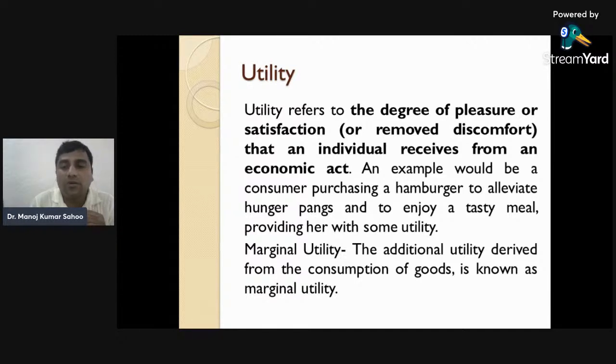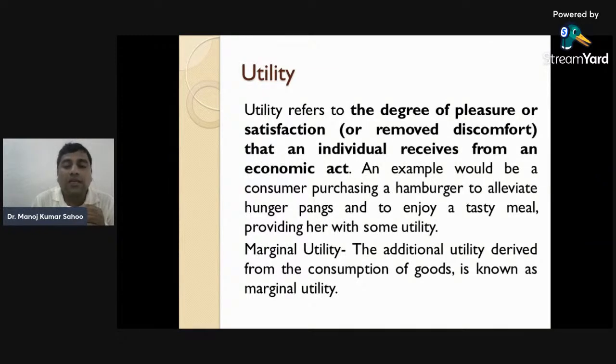For example, a consumer purchases a hamburger to alleviate hunger pangs and to enjoy a tasty meal, providing her with some utility. Suppose somebody is enjoying a burger or pizza to meet their hunger. That means he or she gets some utility from that pizza. So that is called utility. The want-satisfying power of a commodity is known as utility.